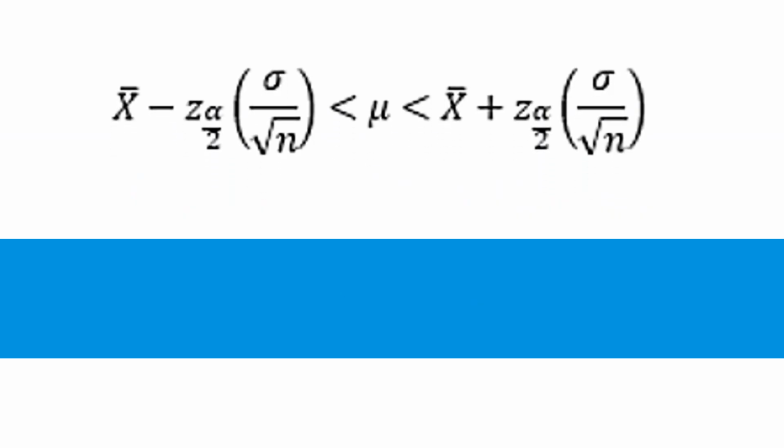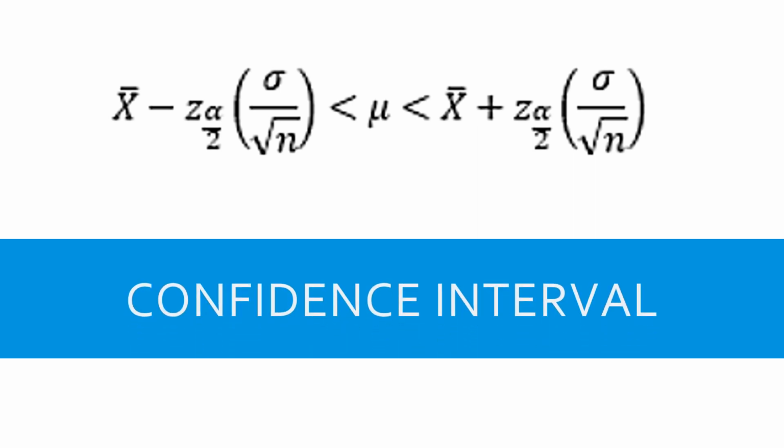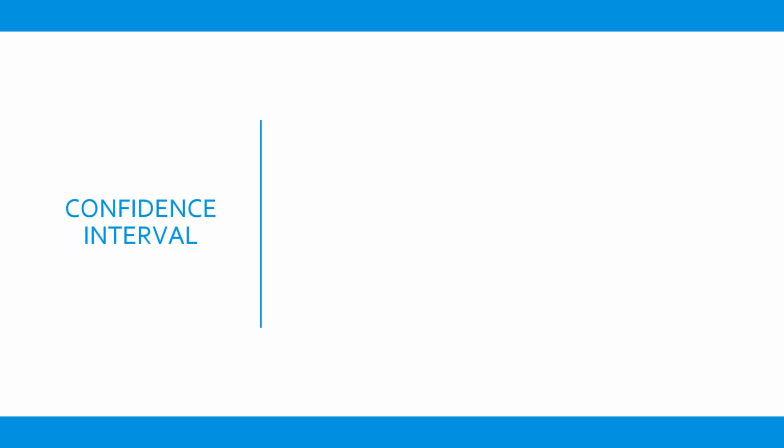For the formula of confidence interval, we have this notation. Ito ang susundin nating formula para makuha natin ang hinahanap nating confidence interval. But before that, what do we mean by confidence interval?